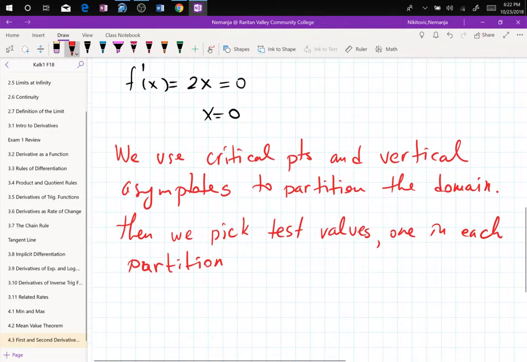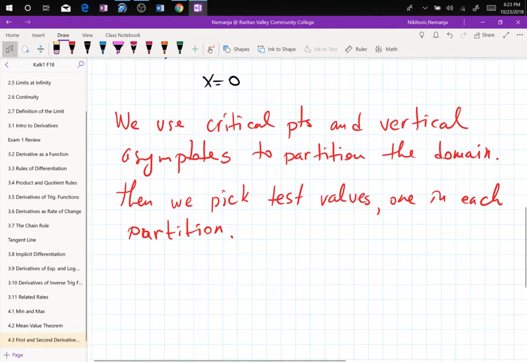So note that x equals 0 created the critical number. So that gives rise to the critical point 0, 0. And I already said in this sentence that critical points partition the domain.